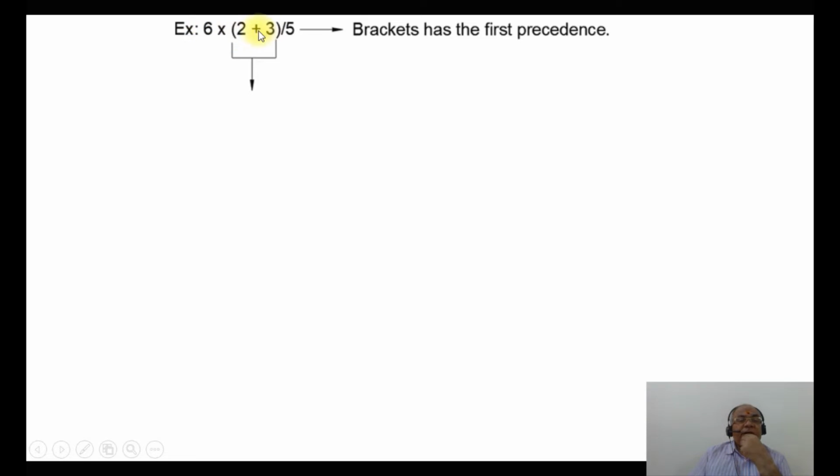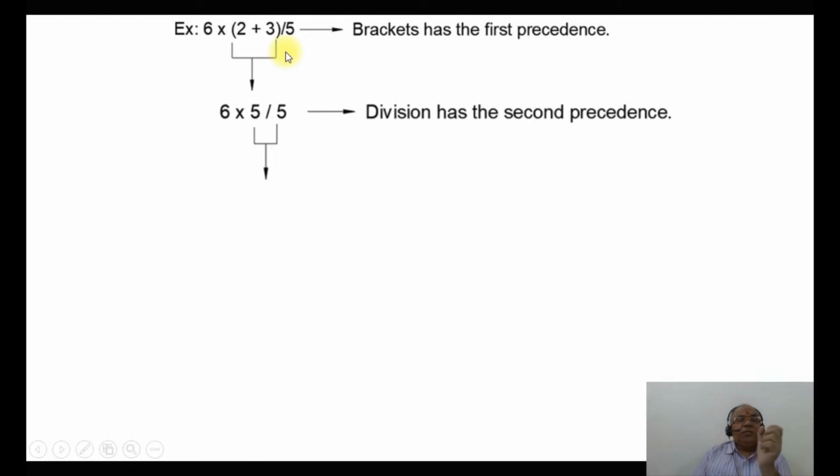So first it will evaluate 2 plus 3, which becomes 5. In the next step, 6 into 5 divided by 5. Then 'of' is not there. So then you have D, division, and so it will do 5 divided by 5.